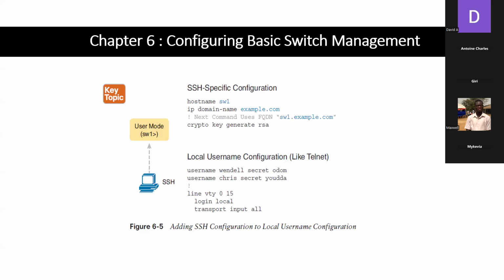So let's say Mykevia is configuring these local usernames and passwords, working with Antoine to do it, or Gary just hopping in to configure IP addresses for each VLAN. All of that is in clear text. So a bad actor, if he's capturing that traffic, can capture all of this information.